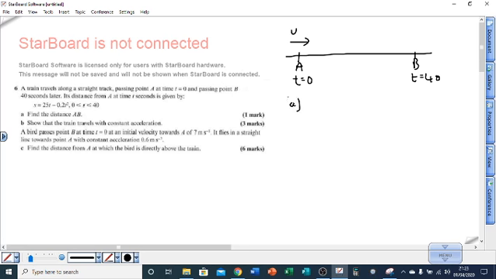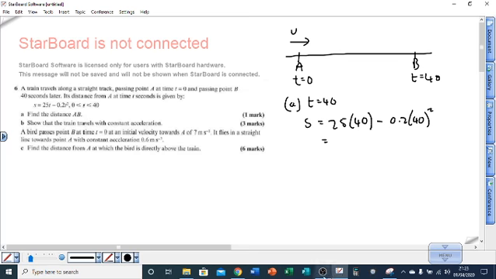So that's part A. Let t equal 40, and that'll give us the distance from A to B using the formula. S equals 25 lots of 40 minus 0.2 lots of 40 squared.